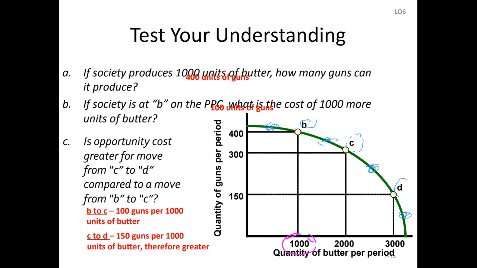You can see this point. This country cannot produce more than 400 guns. It is not possible. Why? Because this is the maximum production level. The only way to produce more than 400 guns and also 1,000 butter is to be somewhere here, which is beyond the production possibility frontier. So that point is not attainable.